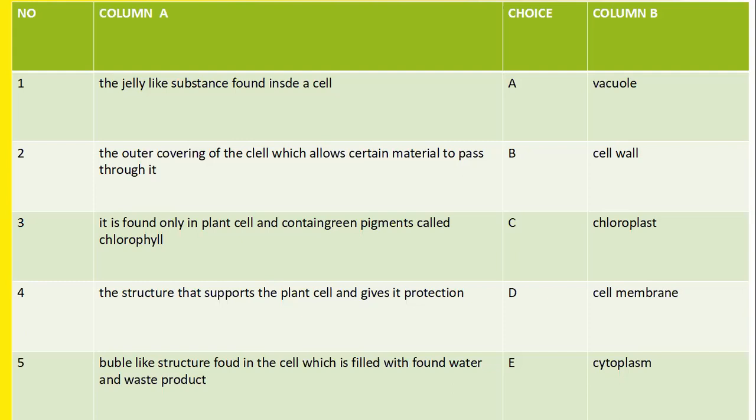These are your two assignments for today. One is to draw the structure of a plant cell, and the other one is fill in the blanks on page 5. You will do it at your home, and you will WhatsApp me. If you feel any difficulties, you can ask.